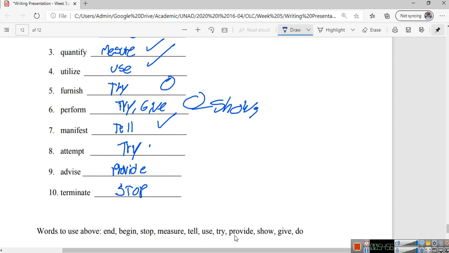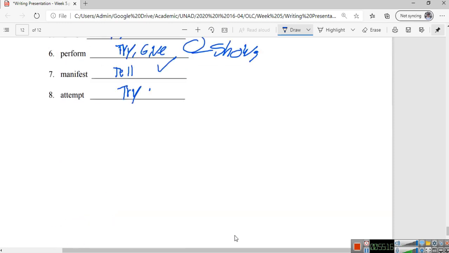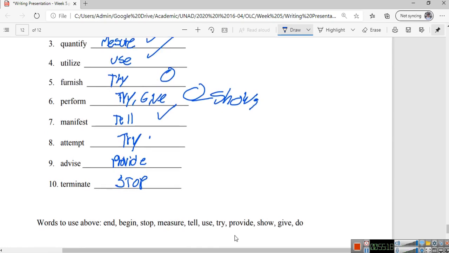The invitation is to stop using elegant words and make it more plain. We are going to have lots of chances and opportunities to do that with multiple words. Attempt, try. Advise, provide. Yeah, I think we're correct with this one.